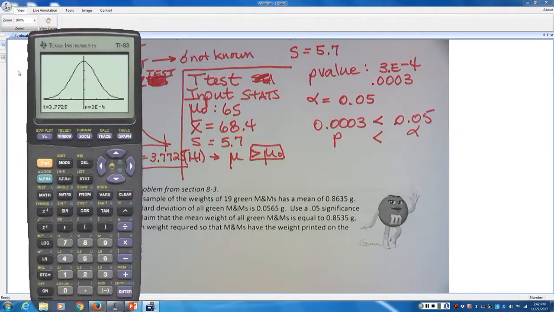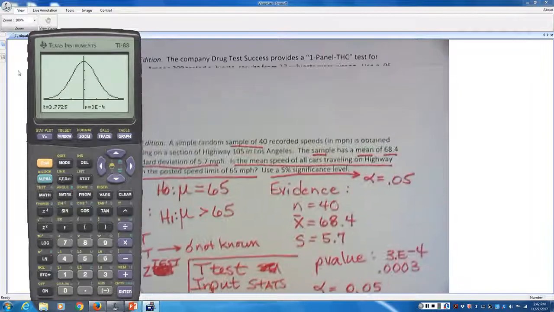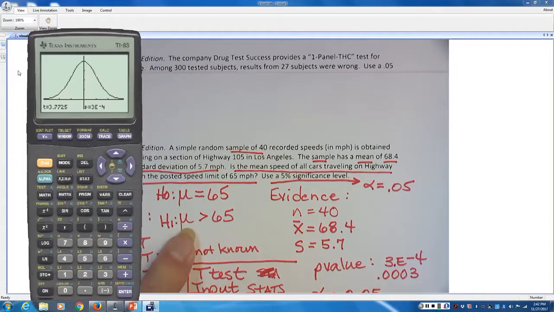P is less than alpha, so your conclusion is evidence does not support H0, so we'll reject H0. Right off the top, that's what that means, reject H0. But then if H0 is not true, evidence supports H1.